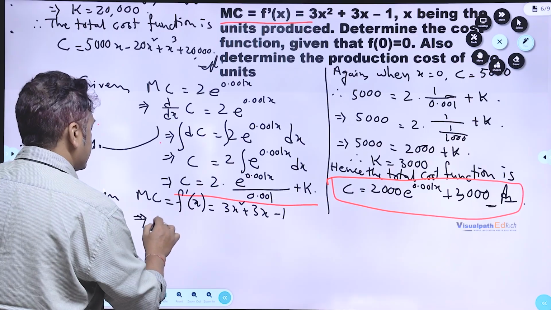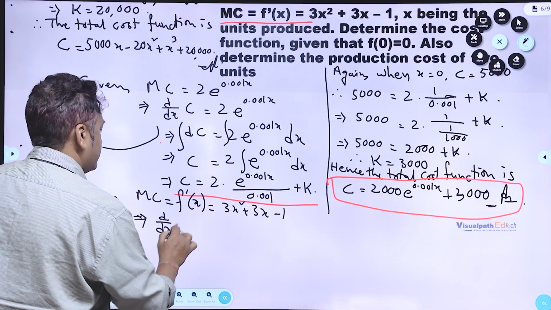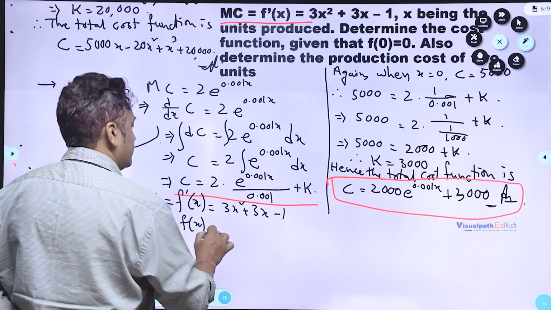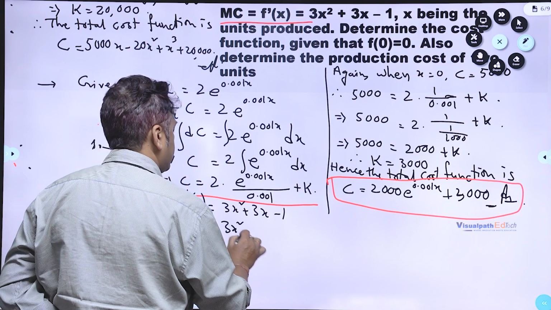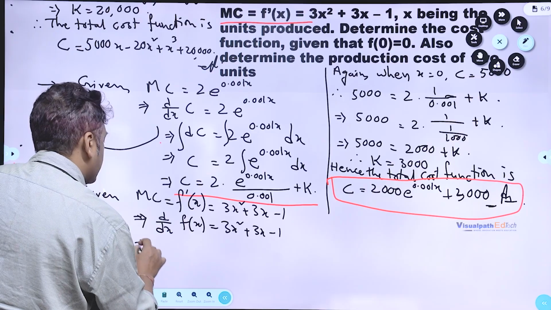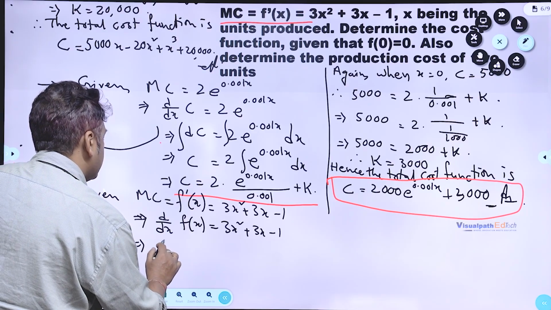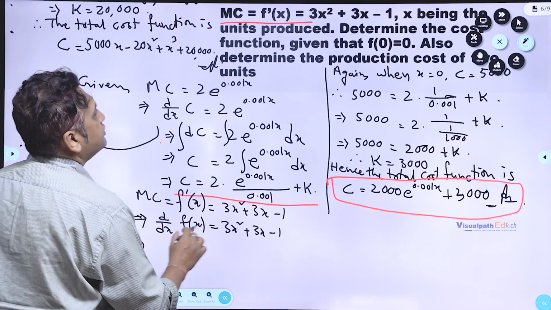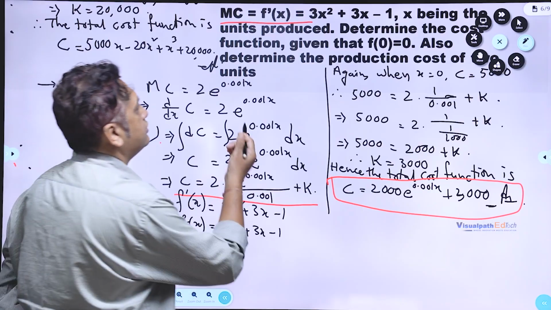Now you know f dash x is d/dx of f(x) is equal to 3x square plus 3x minus 1. This implies, this can also be written as C.